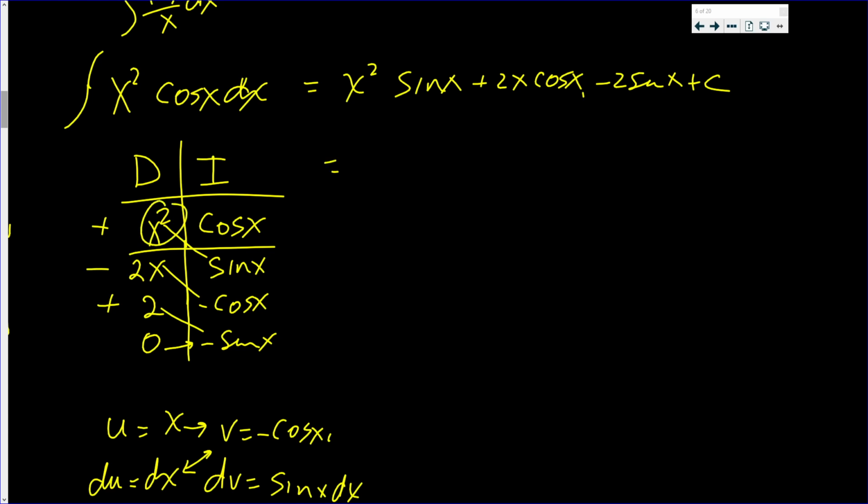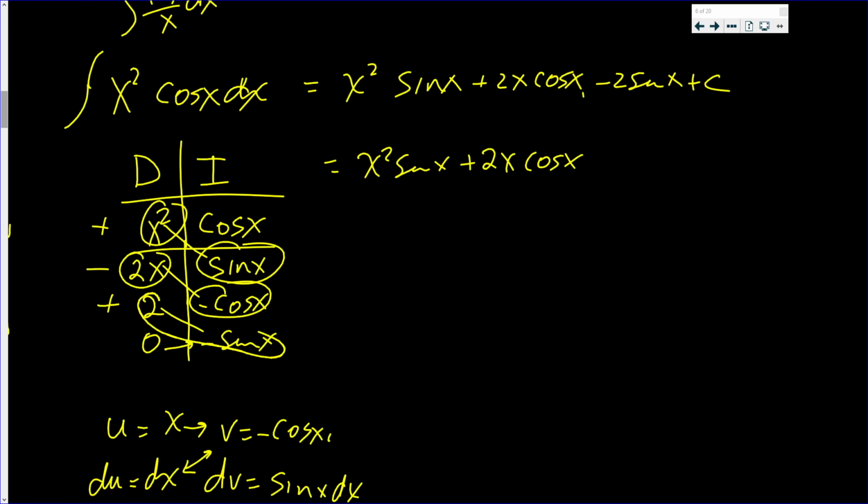So it's x squared times sine x, x squared sine x, minus this times this, which has its own minus sign, so it becomes plus 2x cosine x, plus that, 2, yeah, that was a minus sign there, right? Yeah, so it should be minus 2 sine x plus c.